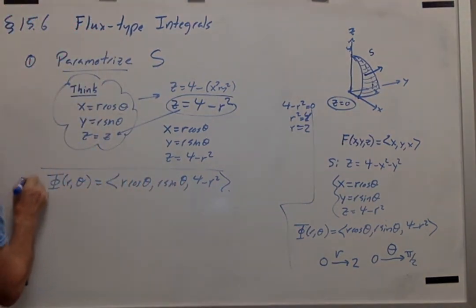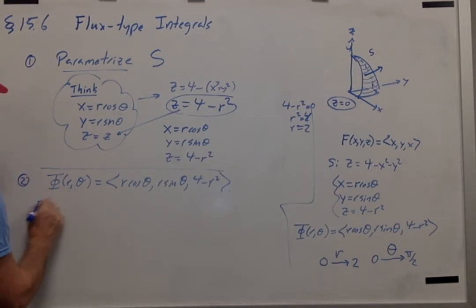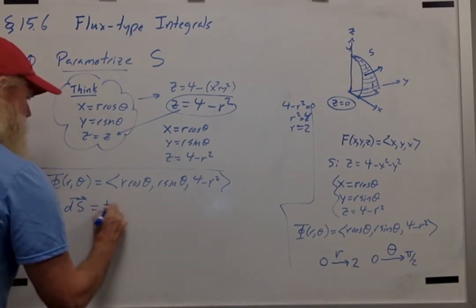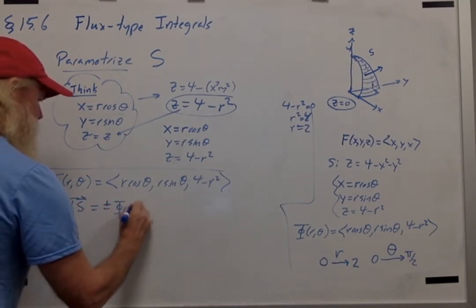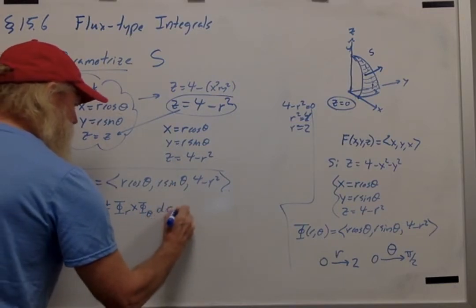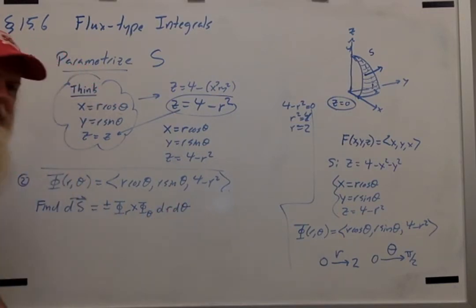Step 2 is going to be to find big vector dS, which is plus or minus d phi dr crossed with d phi d theta, dr d theta.